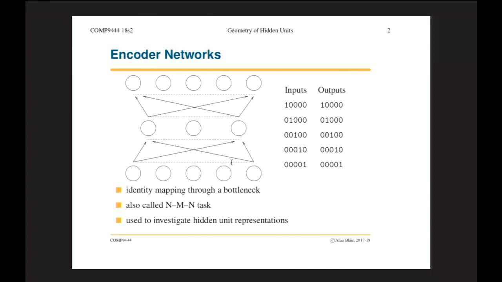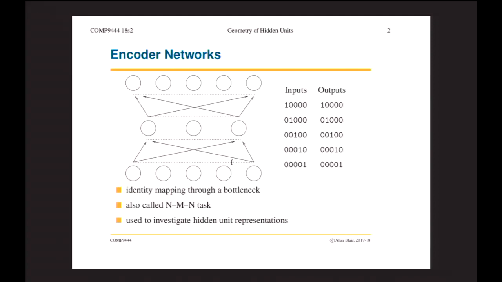So it forces the network to do some kind of compression and to extract features of the input. The hidden units will naturally end up extracting certain features of the input once the network has been trained successfully.